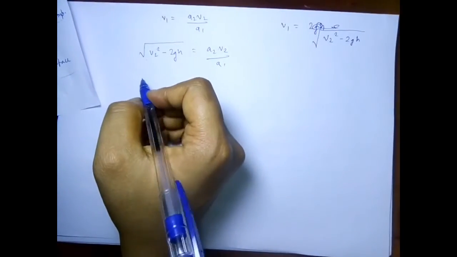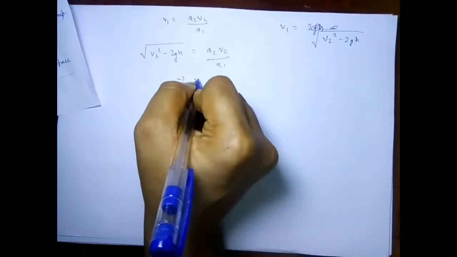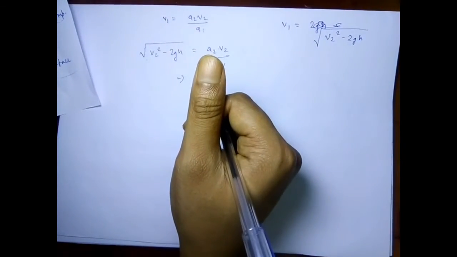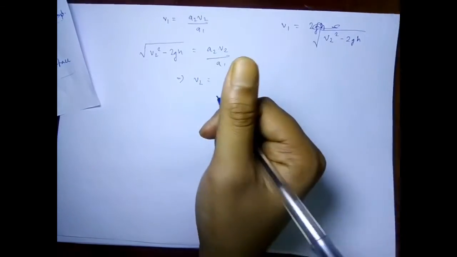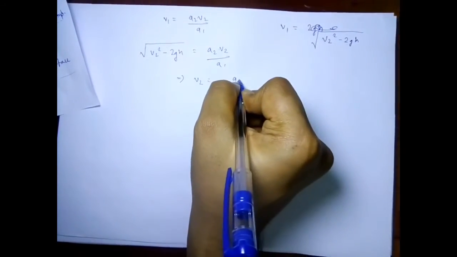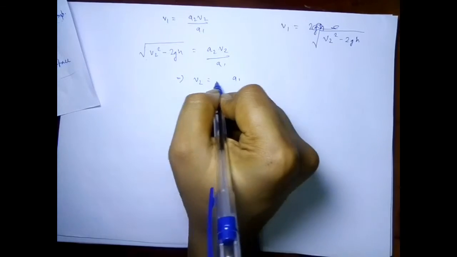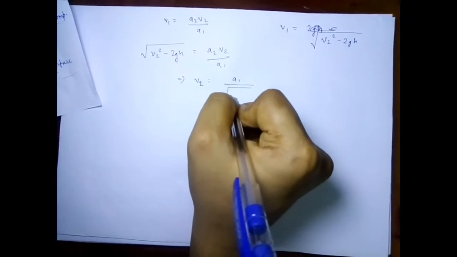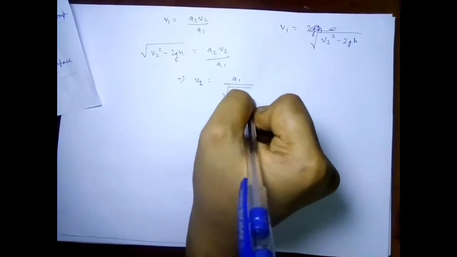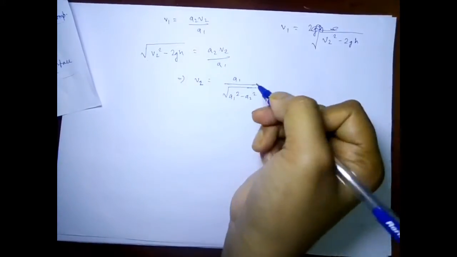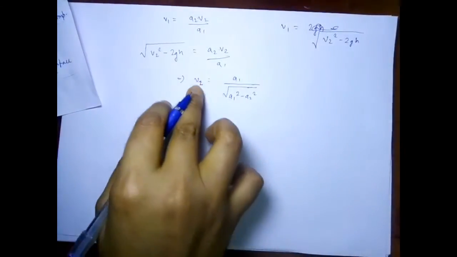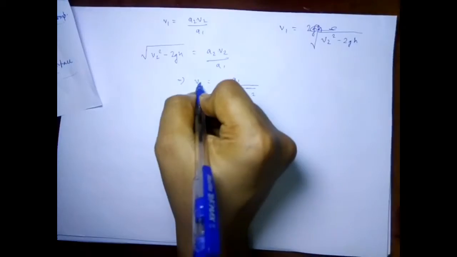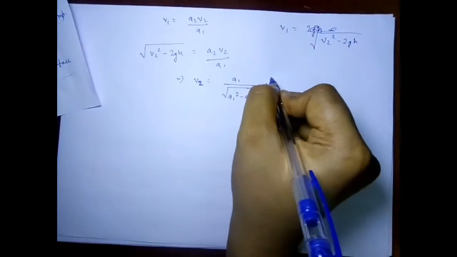Therefore from here I can write V2 is equal to A1 upon square root of A1 square minus A2 square, times root 2GH. Just to save time, I am skipping the steps, but if you simplify this equation and try to get the value of V2, you will get this particular value.